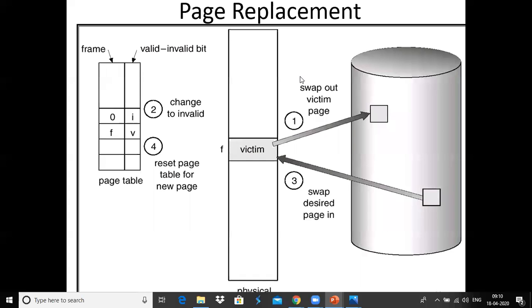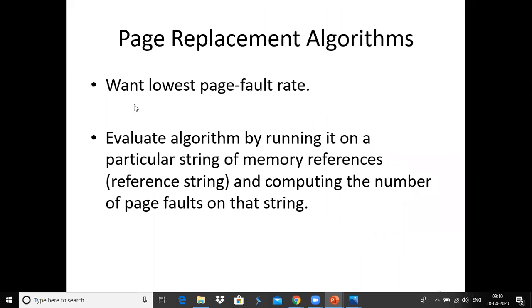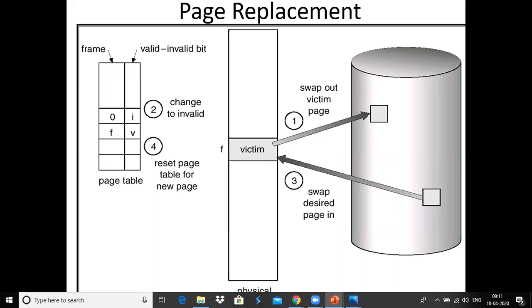If the bit corresponding to that page number is invalid, it means that page does not exist in the physical memory, then a trap signal is given to the operating system.